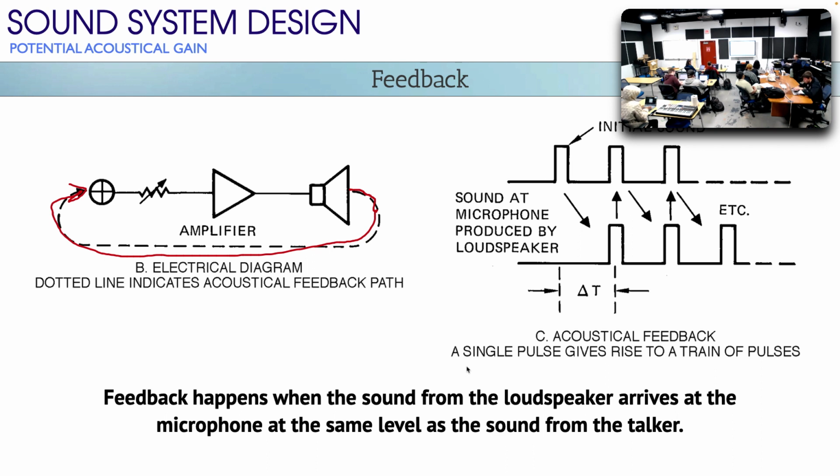Okay. So what's going on here is that the trip the sound coming out of the loudspeaker makes through the air will take a certain amount of time, right? Because we know that sound takes time to travel through air. So there is a difference of time that in this diagram I'm calling delta time. You have the initial sound from the talker hit the microphone here.